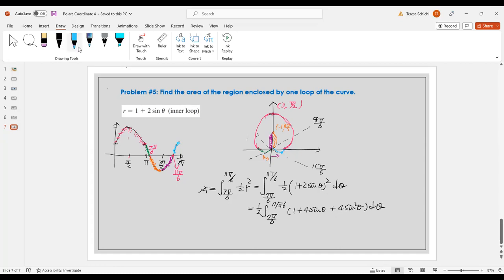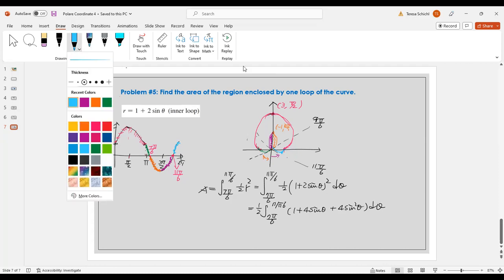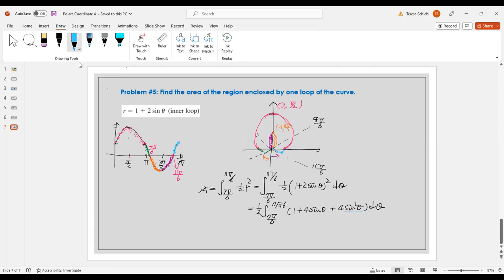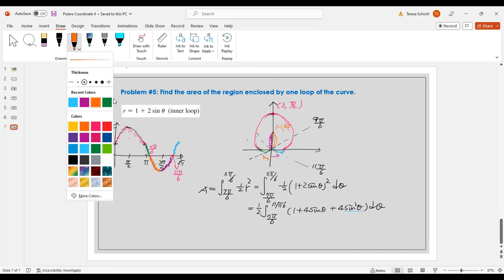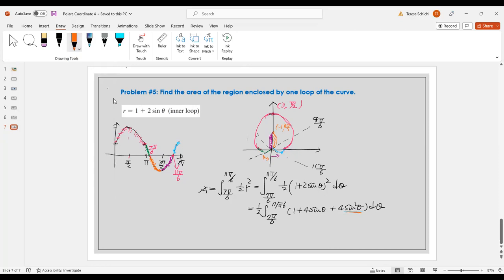One more time, this is a sine squared, so I need to use the double angle formula, the same thing as always. So 4 sin² θ will be 4 times 1/2 (1 − cos 2θ).